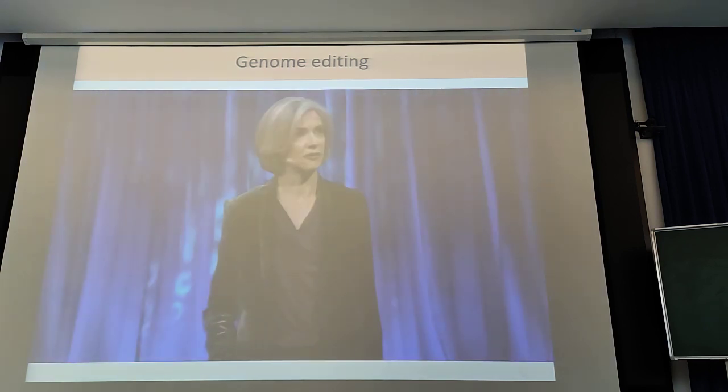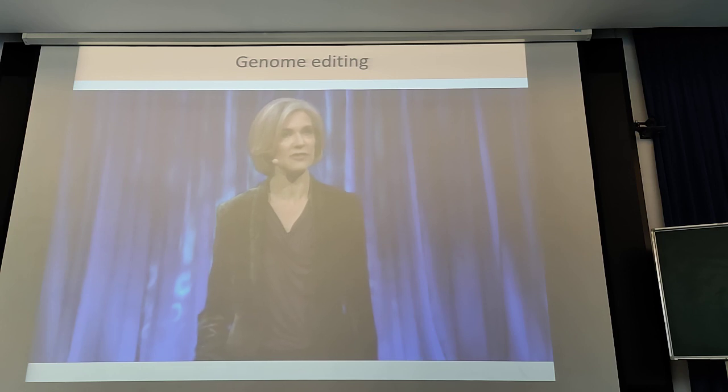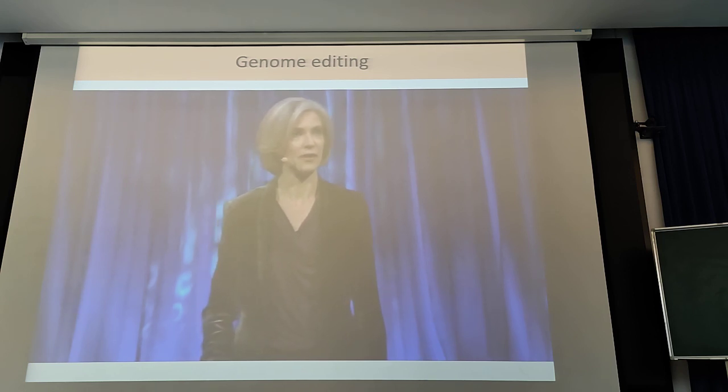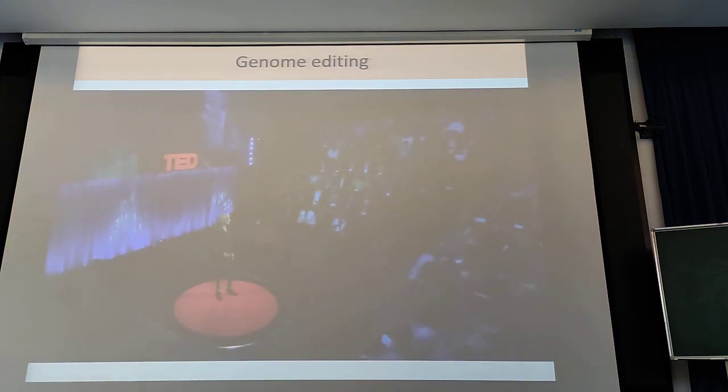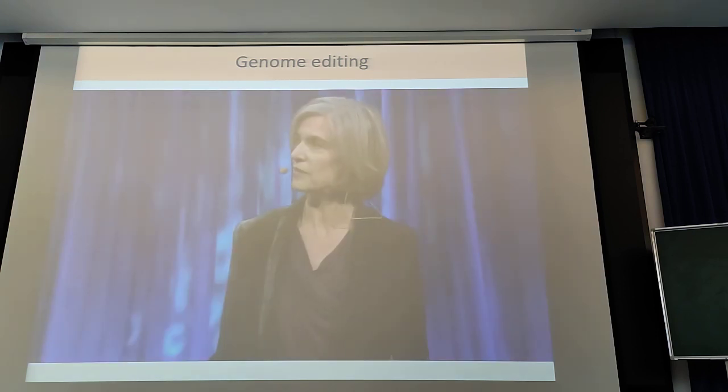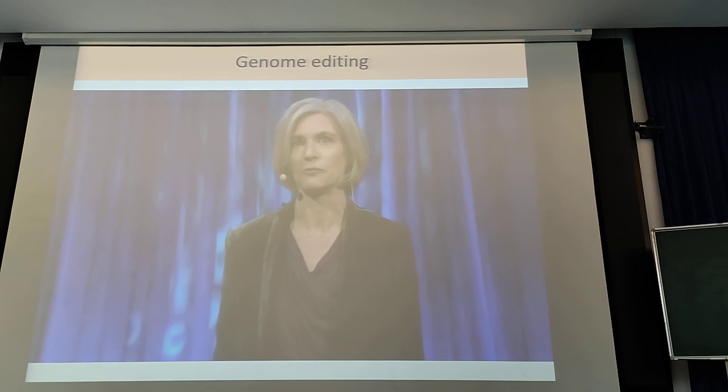The CRISPR technology has already been used to change the DNA in the cells of mice and monkeys, other organisms as well. Chinese scientists showed recently that they could even use the CRISPR technology to change genes in human embryos. And scientists in Philadelphia showed they could use CRISPR to remove the DNA of an integrated HIV virus from infected human cells.